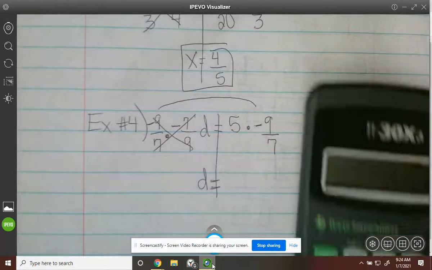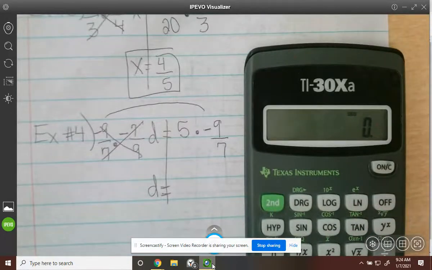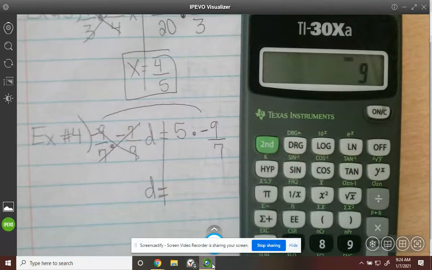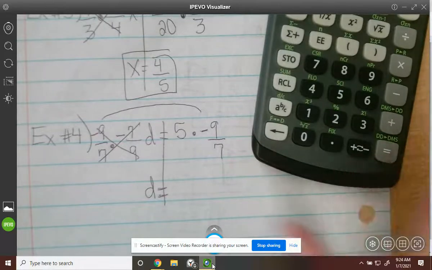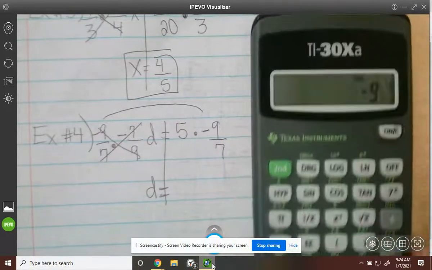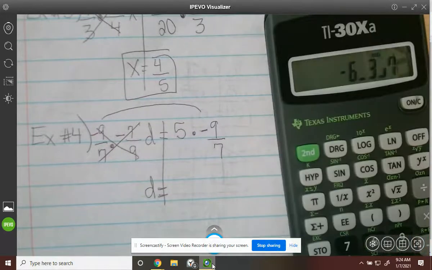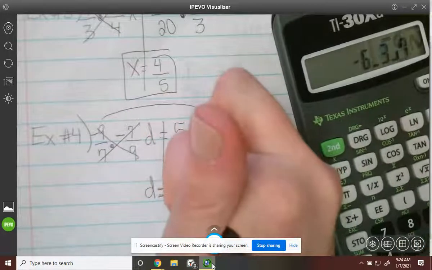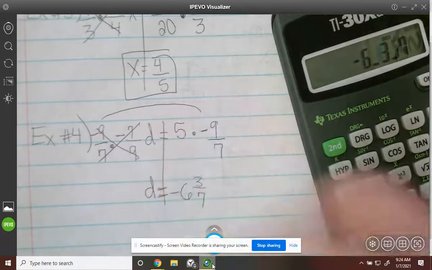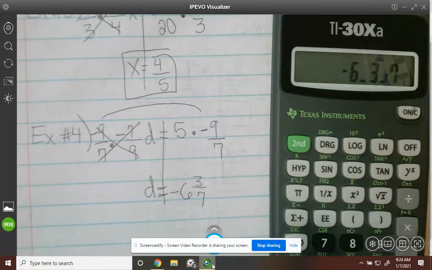And then I'll do this one first. 5 times 9, you always have to enter the 9 first. And then the negative sign on this one's way down here. Negative ABC 7 equals, that is negative 6 3/7. That's how you read that.